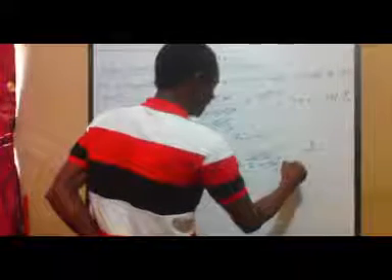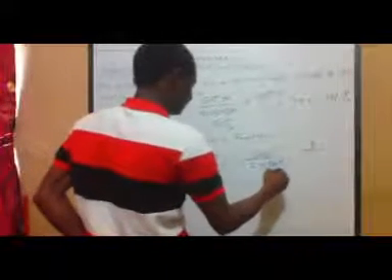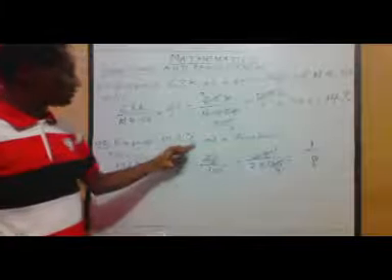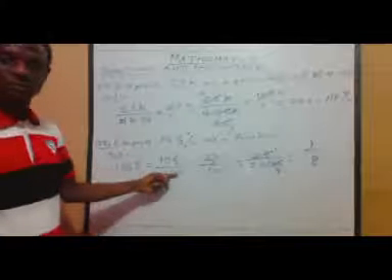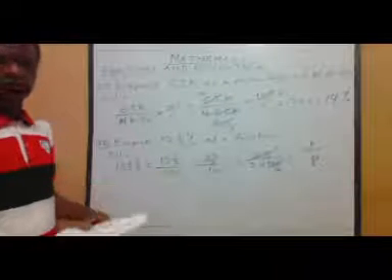So that means I'm having 1 divided by 8. So to express 12.5% as a fraction, you put 12.5 divided by 100, then simplify.